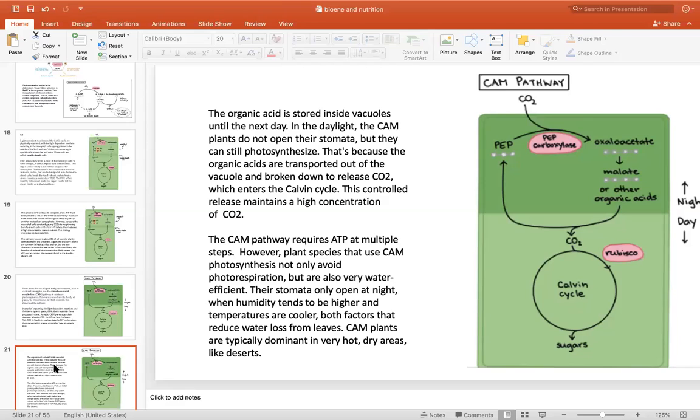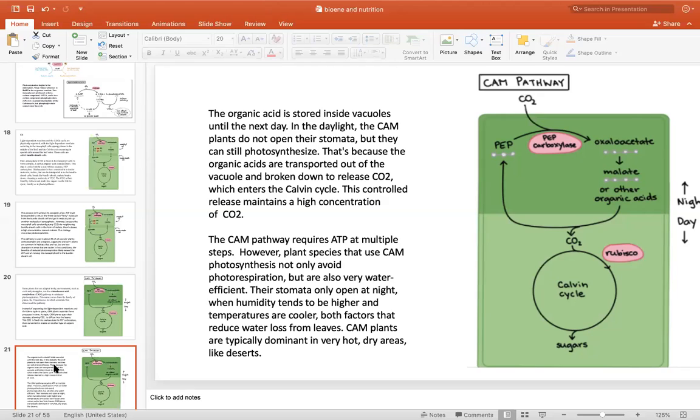Understood. So basically your C4 pathway is differentiated in terms of space. The mesophyll cells are present somewhere else and the bundle sheath cells are present somewhere else. Whereas your CAM pathway is separated in time. Your stomata open up at night.